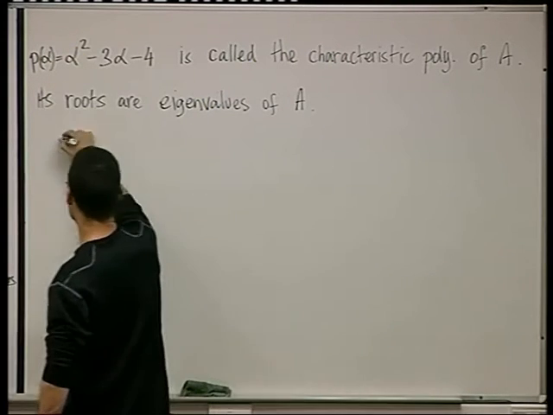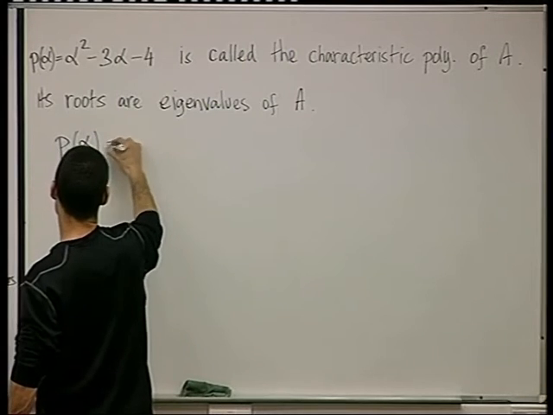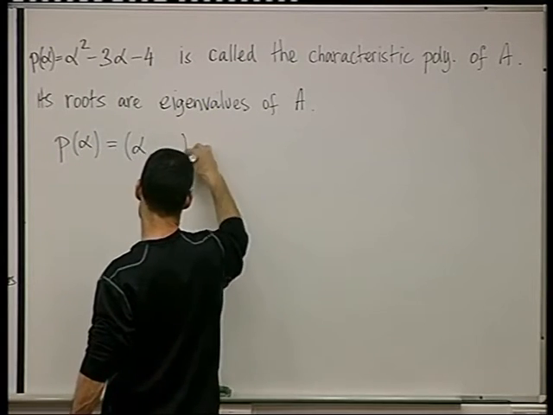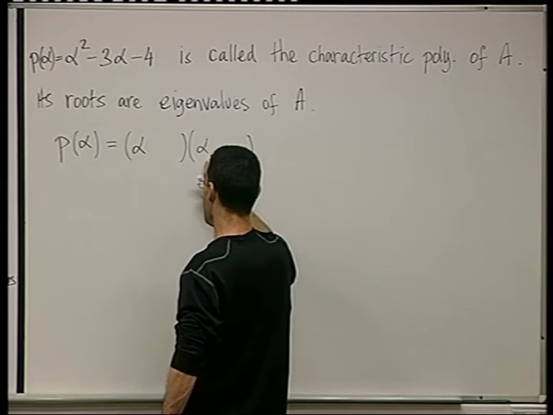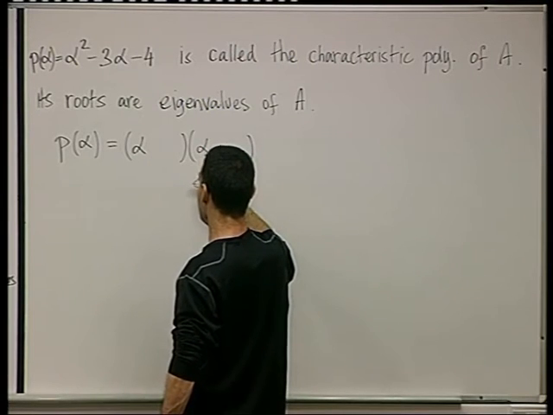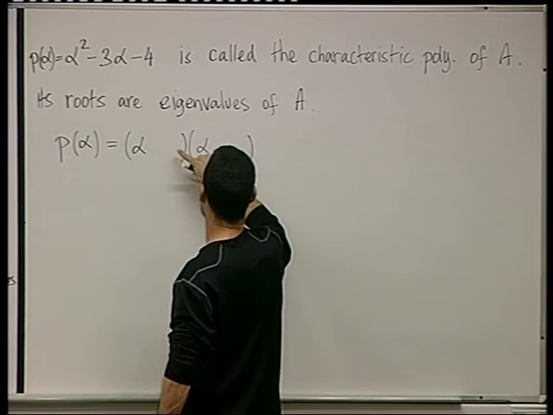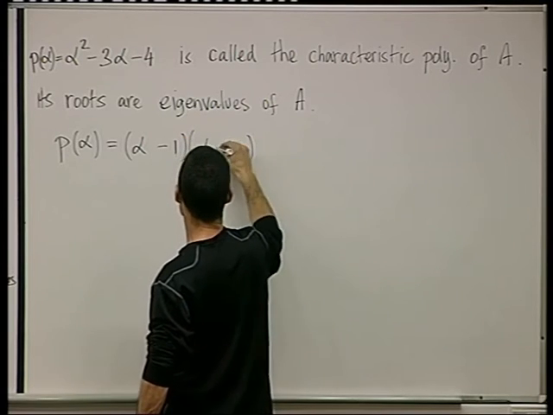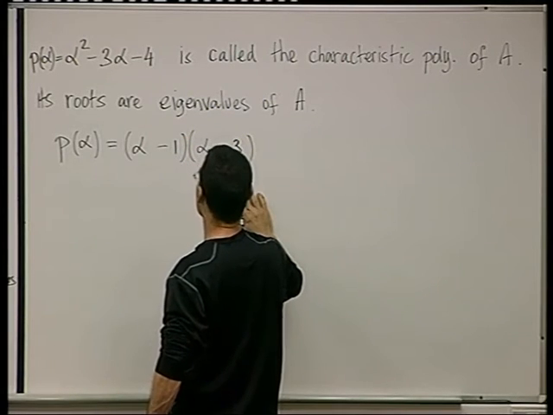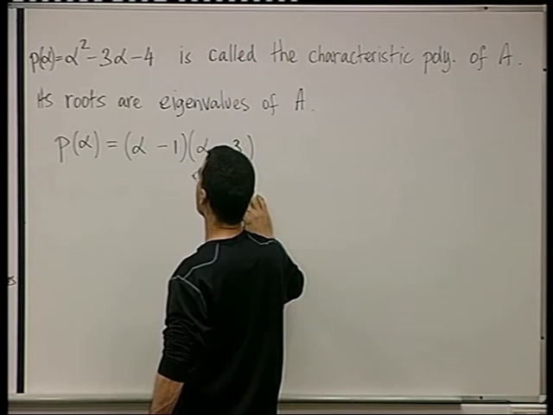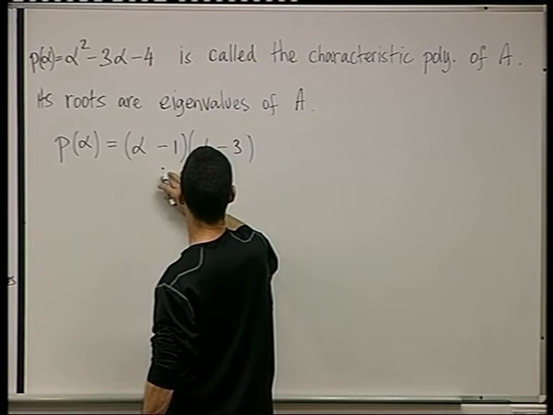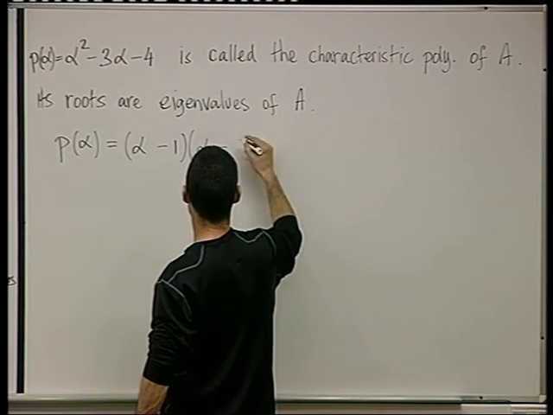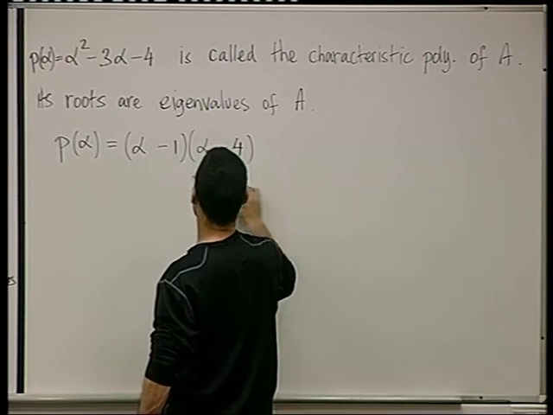So P of alpha, if you factor it, what is it? It's going to be alpha times something and alpha times something. So it's alpha squared minus 3 alpha, and the product has to be minus 4, so it's going to be minus 4 and 1, with one of them negative.